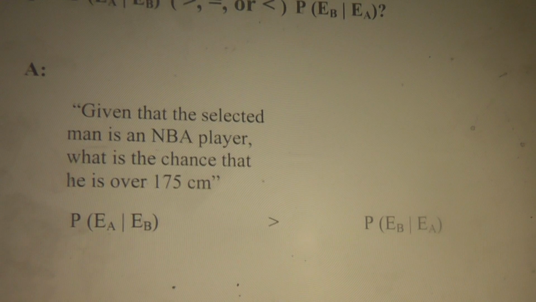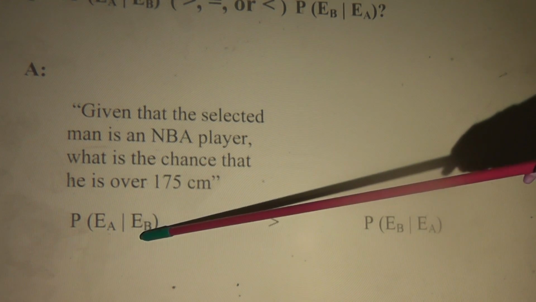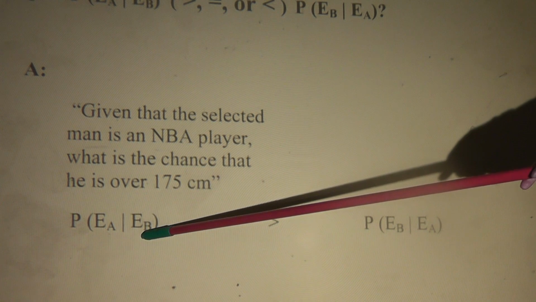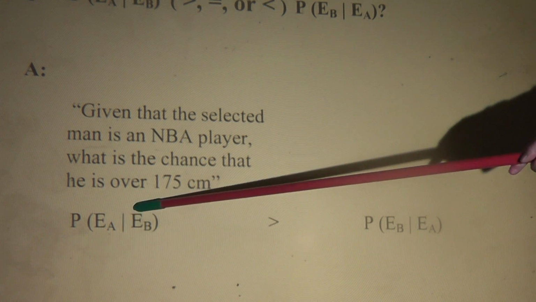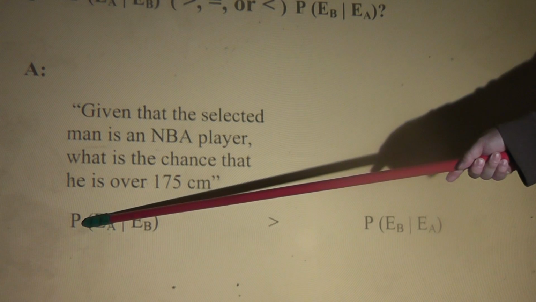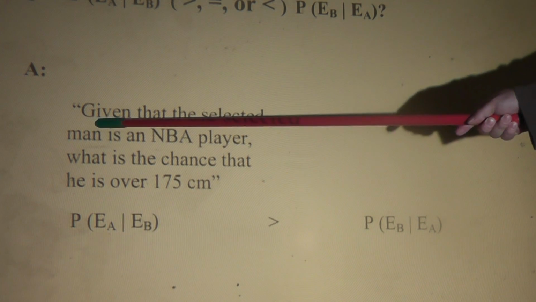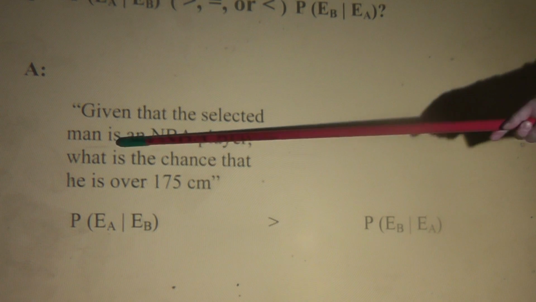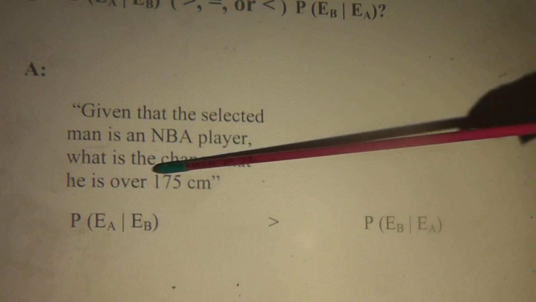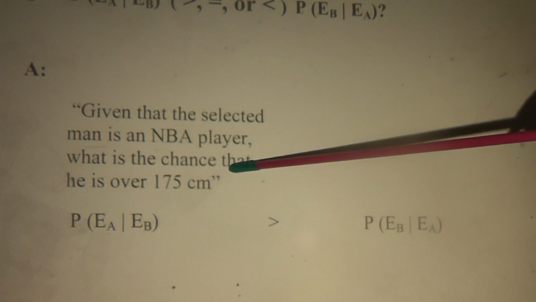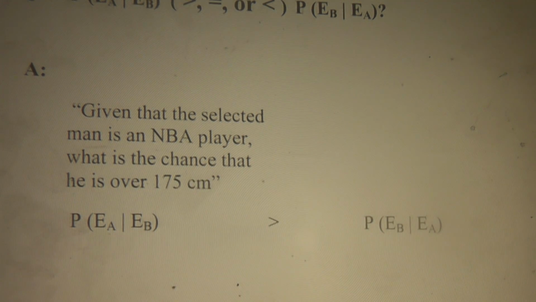Let me try one more time. Given that B has occurred, given that we select an NBA player, what is the probability that he is over 175 centimeters tall? This is a probability.